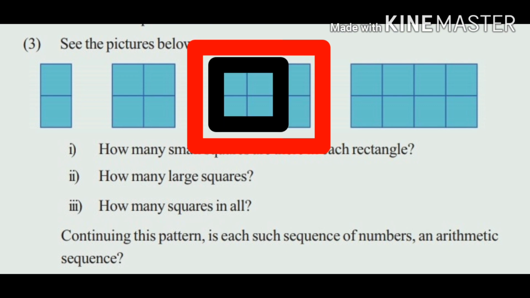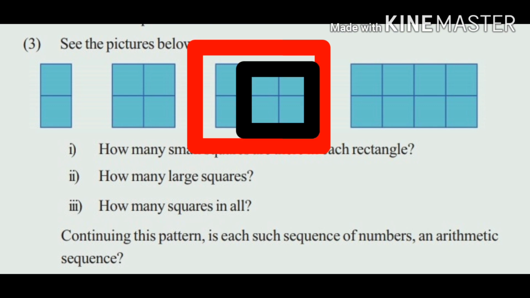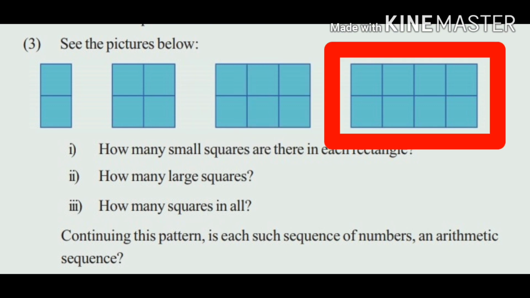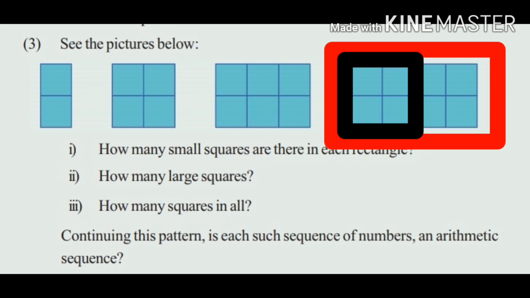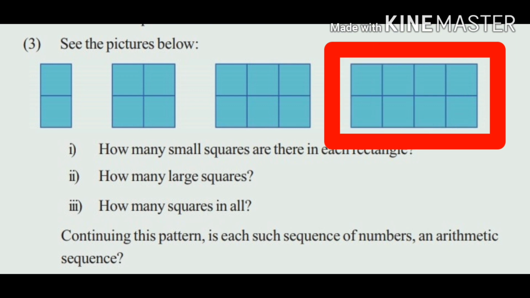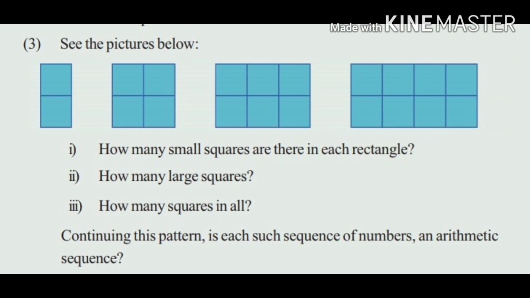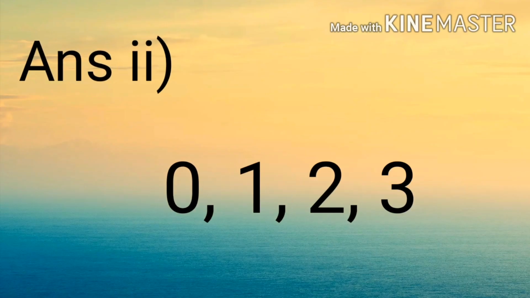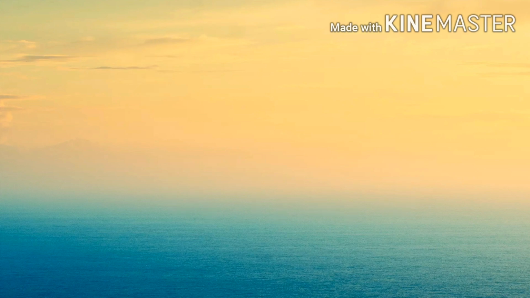One is like this and the next is also like this. So, the answer is 2. Now, in the last figure, there are 3 squares. First one, second one and third one. So, when we write that as a pattern, we will get a sequence like 0, 1, 2, 3. So, this is the answer.